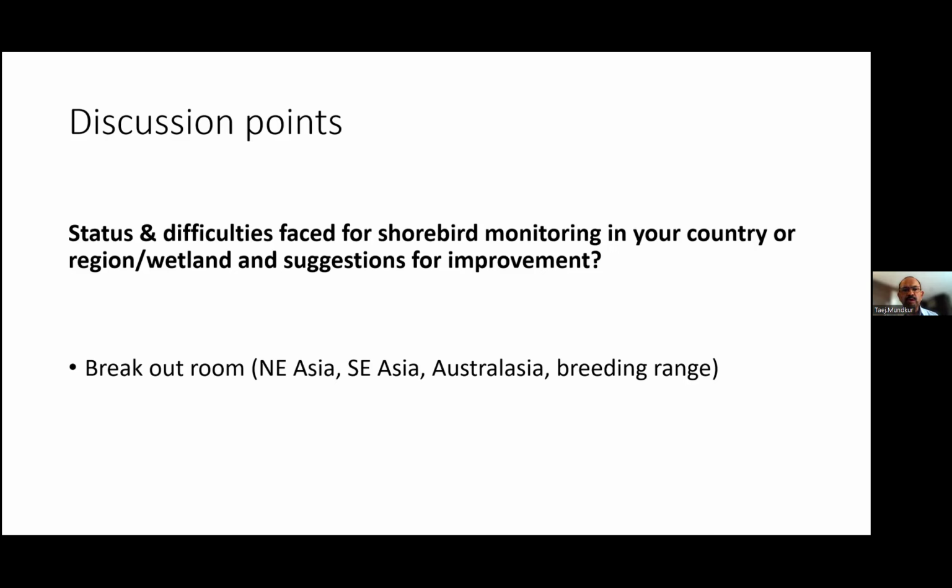So if there is a good mechanism, as Chris mentioned, being developed for the East Asian-Australasian Flyway, if that could be extended to the Central Asian Flyway, at least until something separate is developed, that's one important way to make sure that none of the observations and reporting happening in the Central Asian Flyway is lost, because these could well be from birds marked in the East Asian-Australasian Flyway as well.